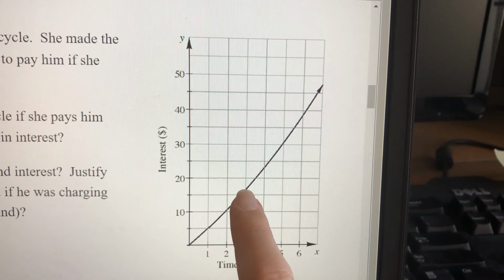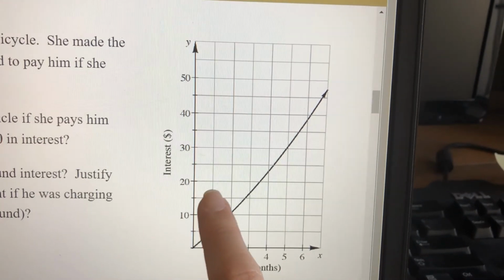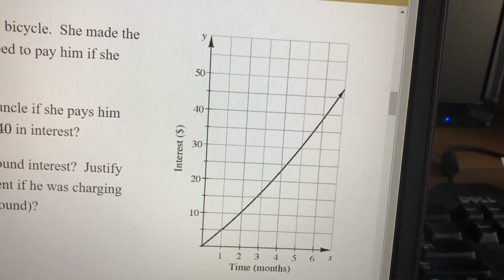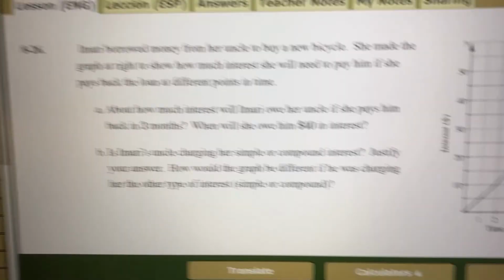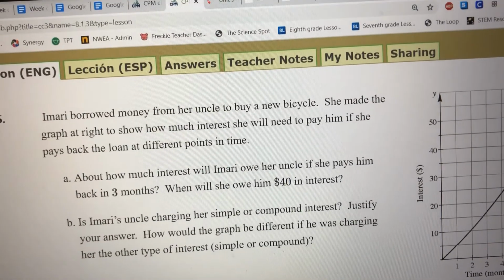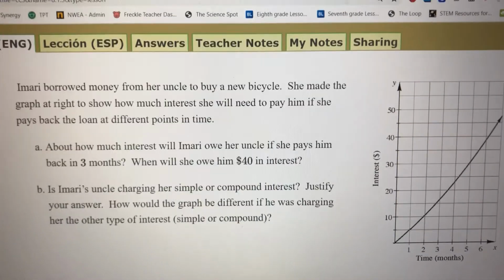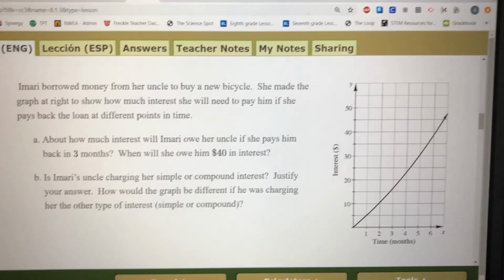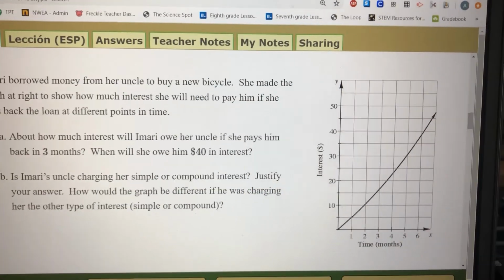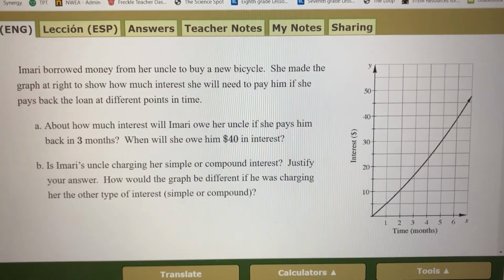It looks to be about $17, $18. So for part A, I put maybe $16 to $18 about, because it says about. So we're kind of estimating here. And plus it wasn't directly on the grid, it was in the middle.